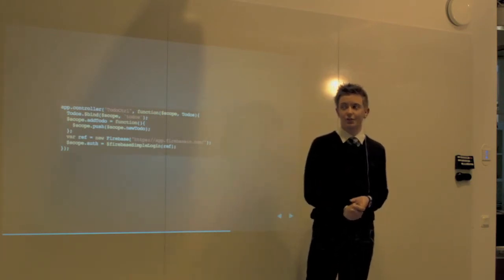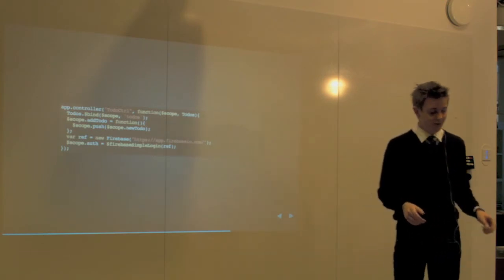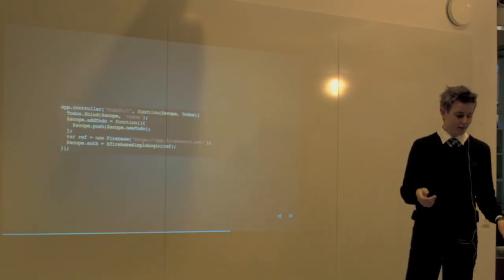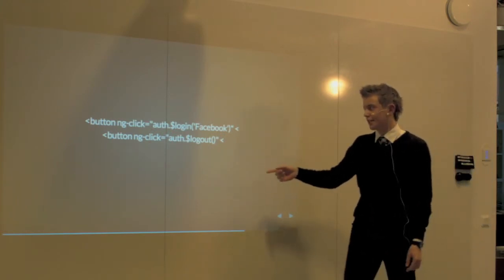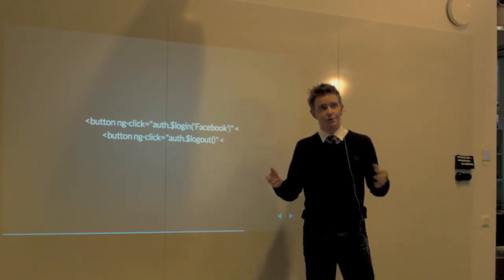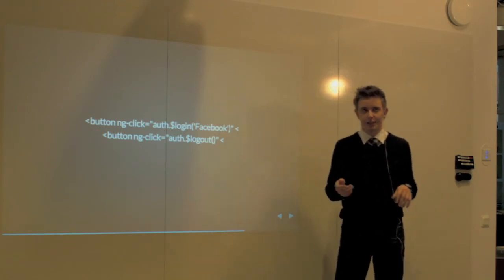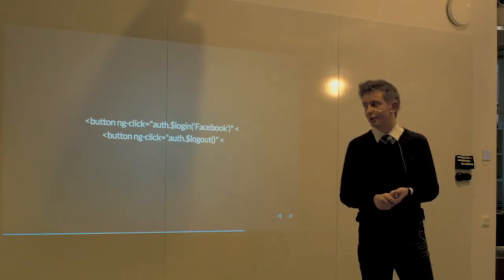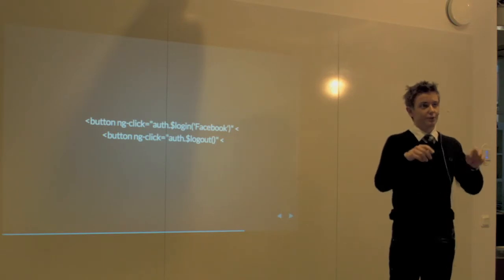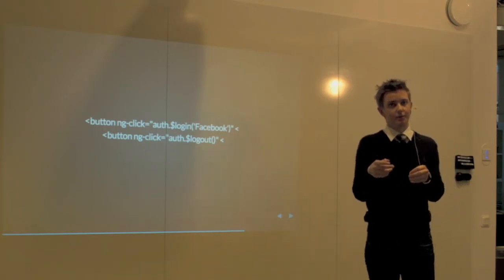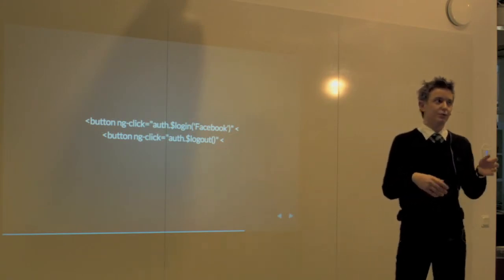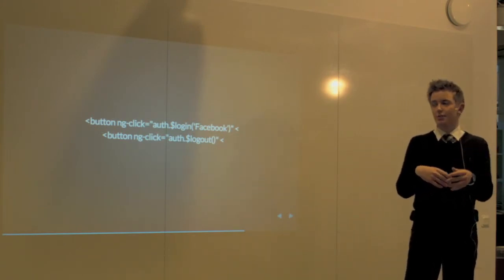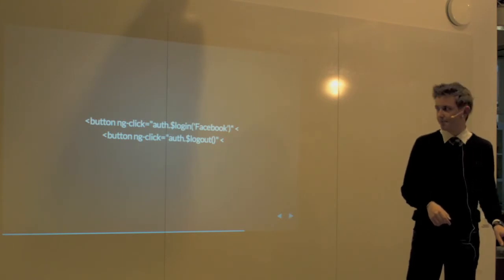And then in your controller, you would basically have auth login and auth logout, and you can choose like Twitter and Facebook. In the dashboard of your Firebase, you would have to paste in your app ID and secret, and then Firebase would do the redirecting and communicating between Facebook and such.